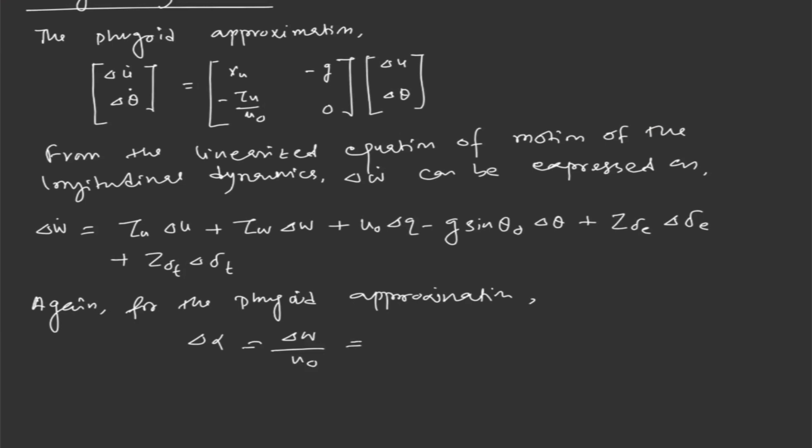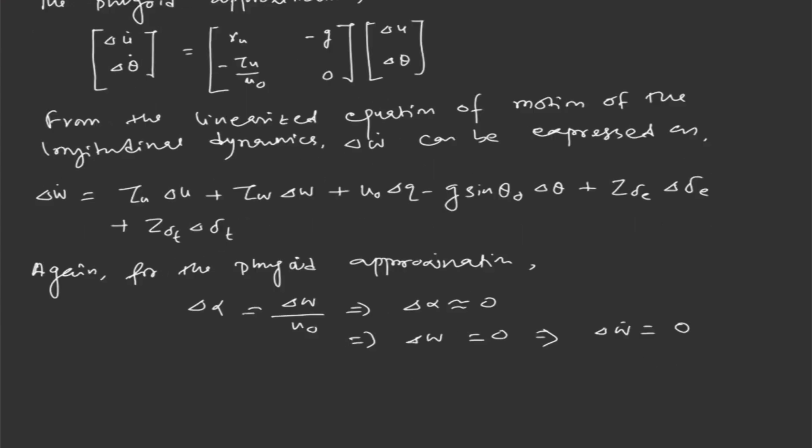In this case, we can assume that if u naught is a very high value, then delta alpha is approximately 0. In this condition we can also write delta w equal to 0, and again delta w dot equal to 0.